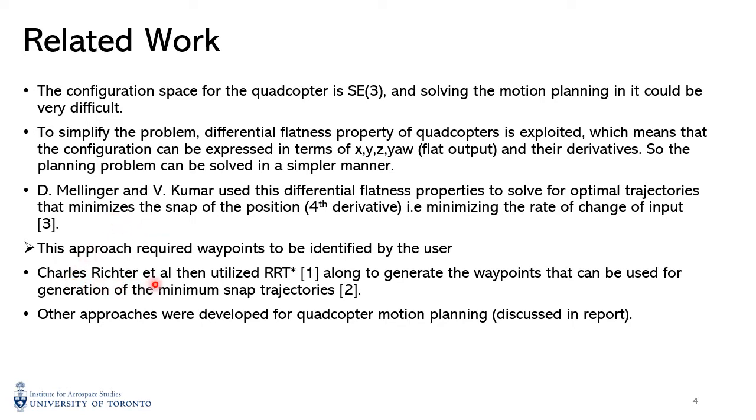Then Richter et al. came along and they utilized the work done by Mellinger and Kumar along with RRT star to generate a motion planner for quadcopters. So RRT star here is used to generate waypoints, ignoring the dynamics of the vehicle, and then these waypoints are used to generate the optimal trajectories. So the work done by Richter et al. is what's used in this project, and I build on their work.